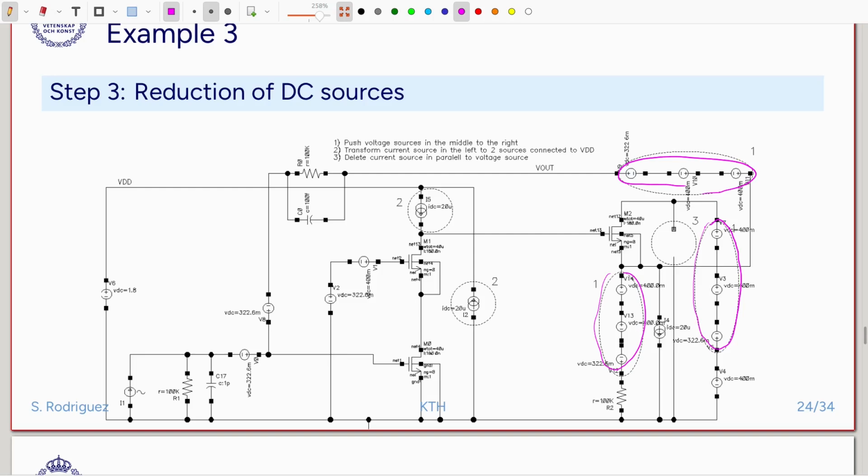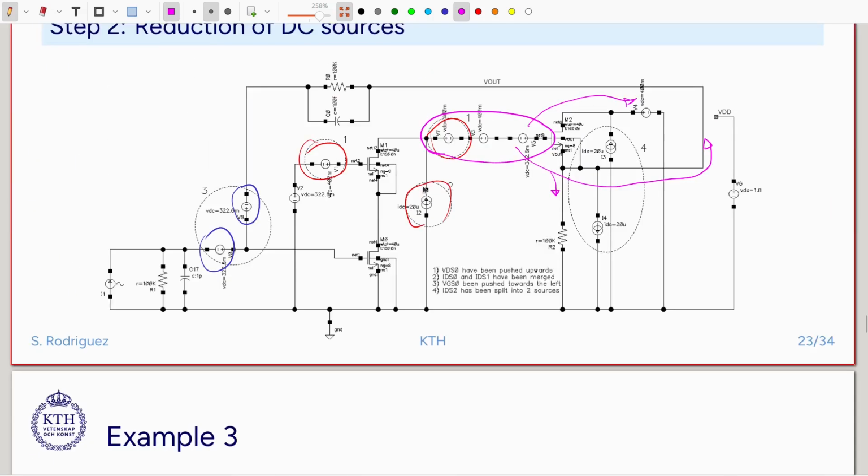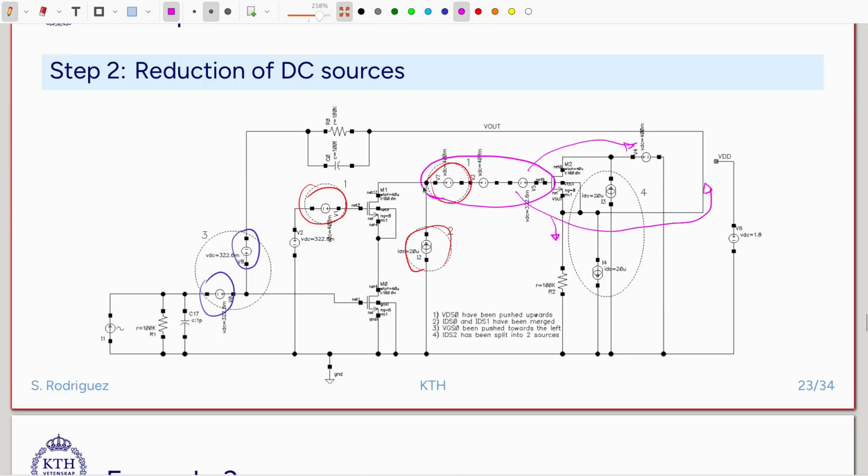Then I transform the current sources in the left to two sources connected to VDD. Okay, so now instead of having it connected only to this point, let's go back here. We change the green.